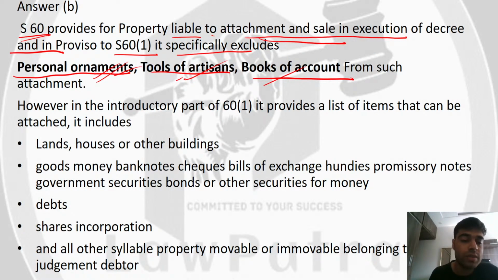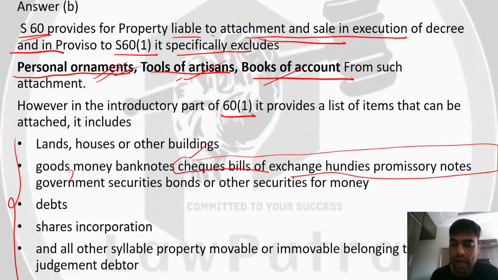And all those items which can be attached by the court are also given in section 60 subsection 1. So lands, houses, and other buildings can be attached by the court, and then it can sell them. Similarly, goods, money, banknotes, checks, bills of exchange, hundis, promissory notes, these are all basically negotiable instruments.